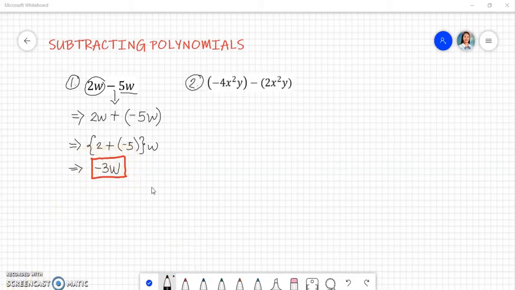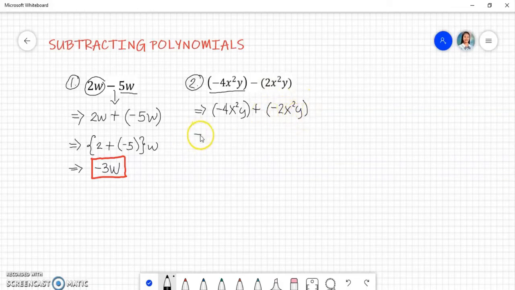Now let's move on to example number 2. Okay, as I have said in example number 1, we will copy the minuend negative 4 x squared y, change the operation to addition, and get the opposite sign of the subtrahend, negative 2 x squared y.